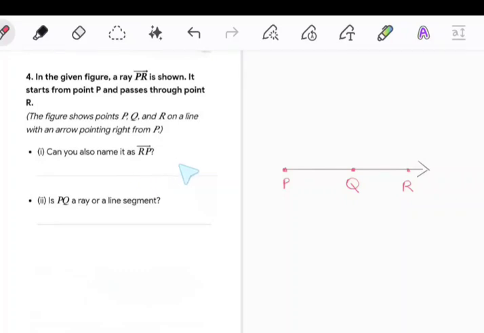A ray must be named starting with its starting point. So ray PR starts at point P and moves towards R. You cannot call it RP because it would imply it starts at R and moves towards P. So here we can write no.